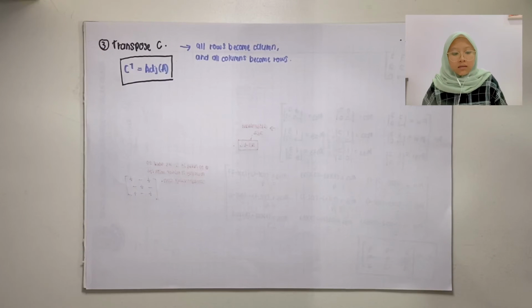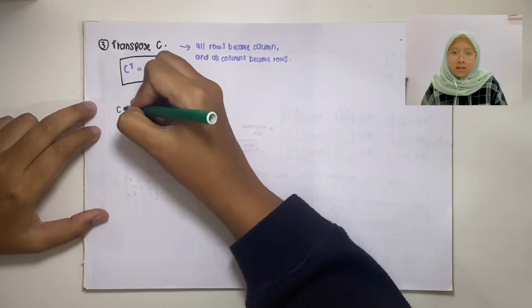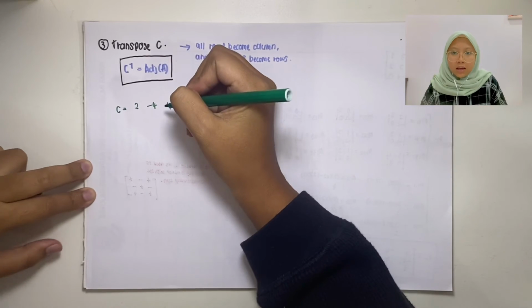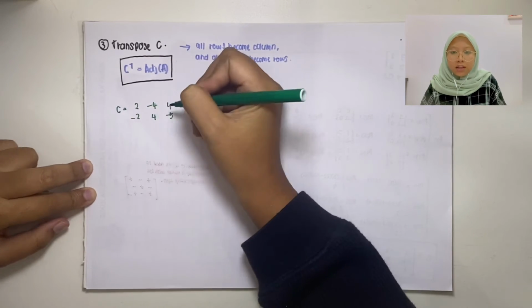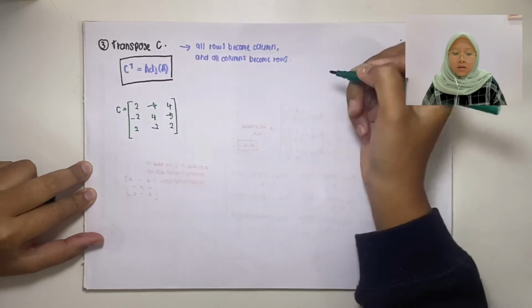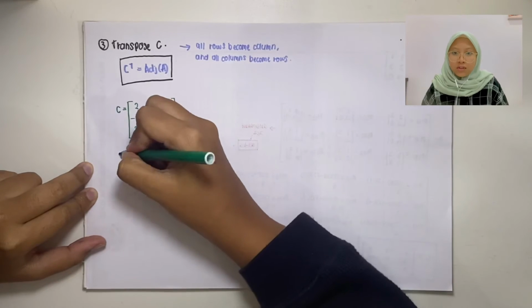So now let's write down our cofactor matrix just now. C equal to 2, negative 4, 4, negative 2, 4, negative 5, 2, negative 2, 2. So let's transpose it.